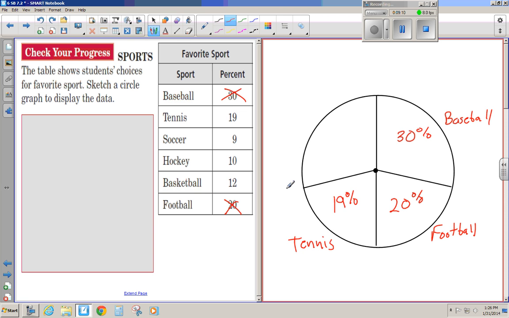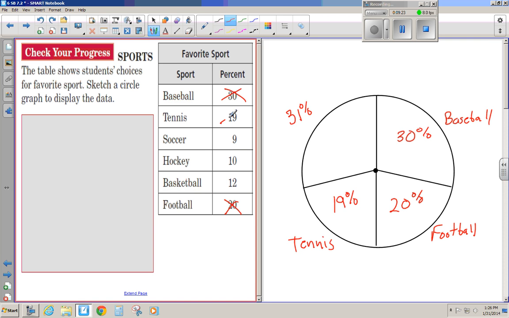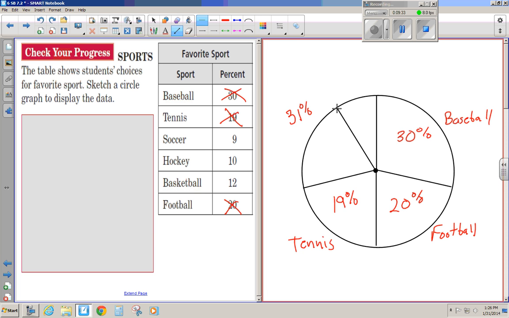Okay, and so what's left over here? Well, 19, that means this much is left over. We have to figure out how to divide that. And since 9, 10, and 12 are all quite close, we can go ahead and start by making these perfectly into thirds.